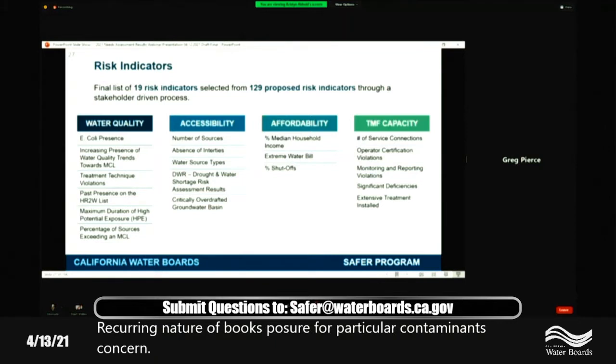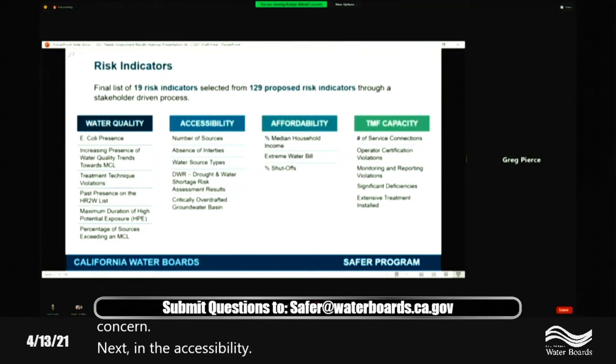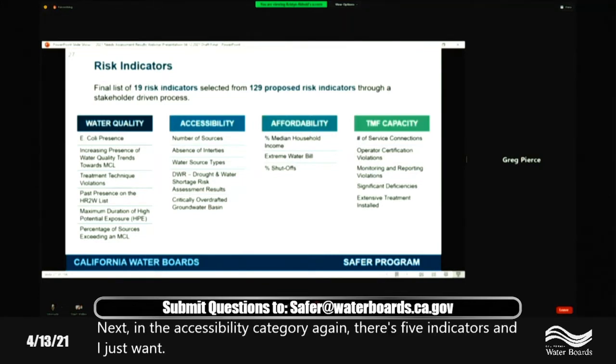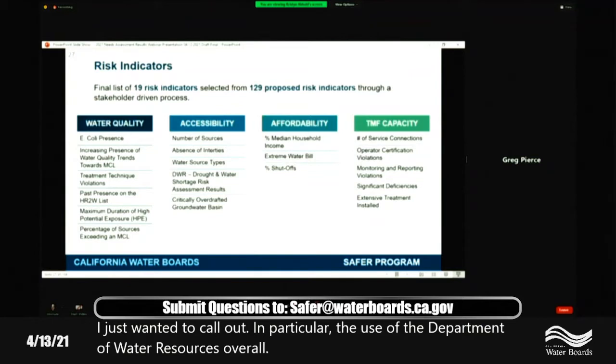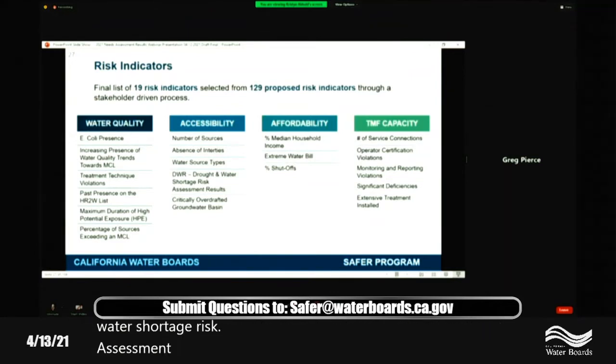Next, in the accessibility category, again, there are 5 indicators, and I just want to call out, in particular, the use of the Department of Water Resources overall scoring via its drought and water shortage risk assessment, which was recently conducted and finalized.